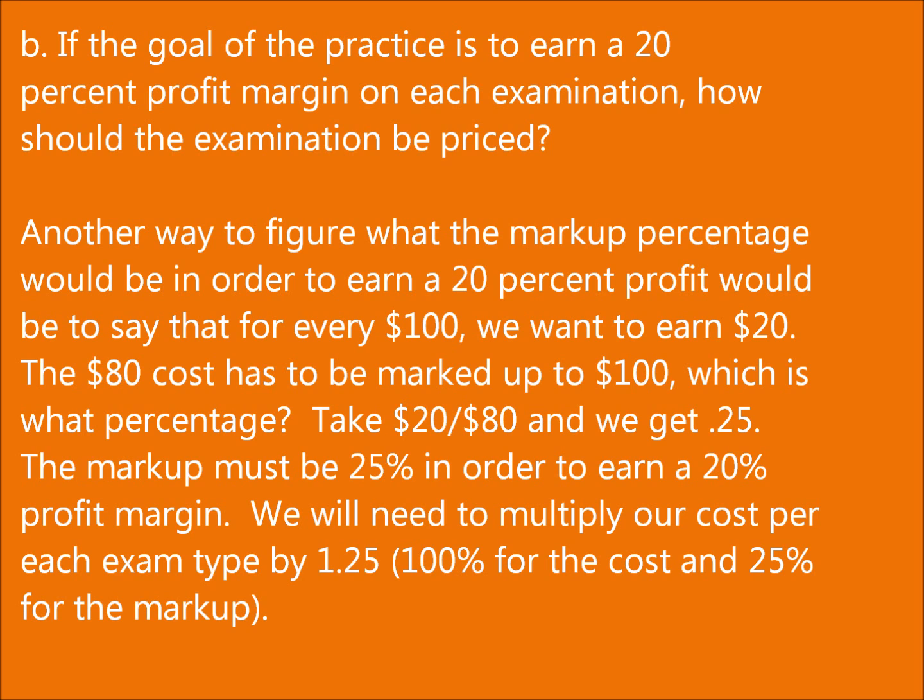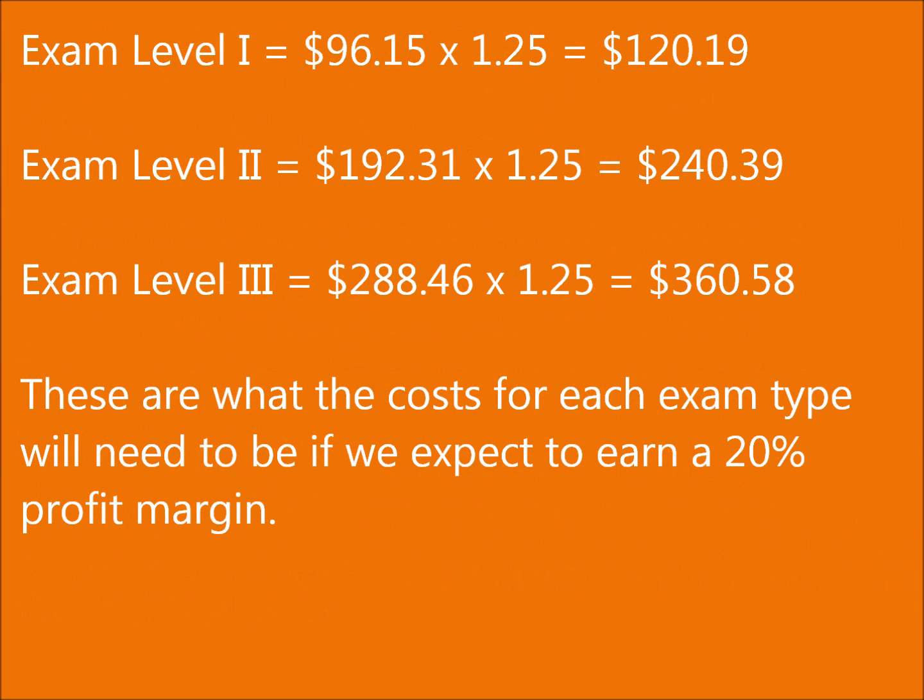So we'll need to multiply our cost per each exam type by 1.25. 100% for the cost and 25% for the markup. So now we just simply take that 1.25 and multiply it for Level 1 by the 96.15. That gives us $120.19.